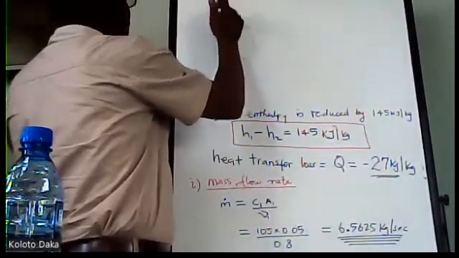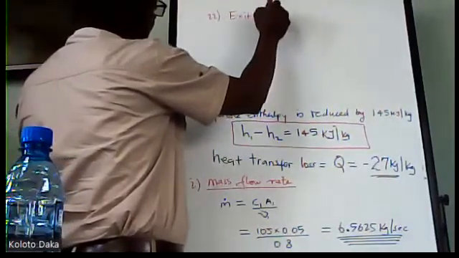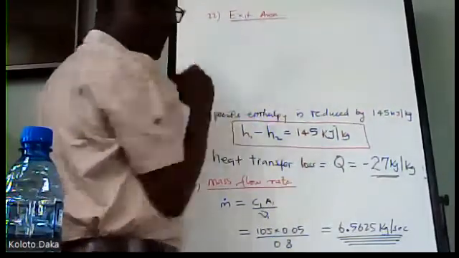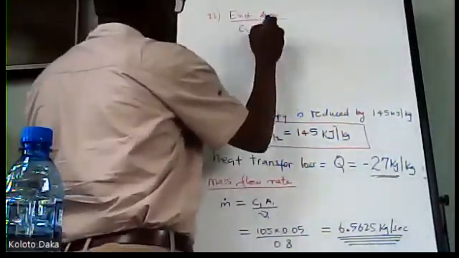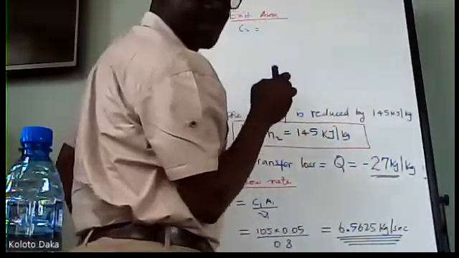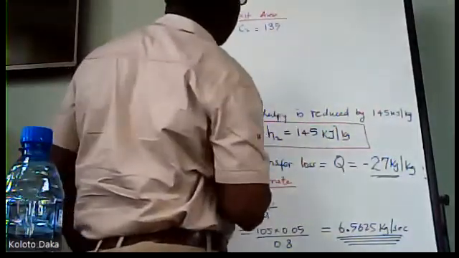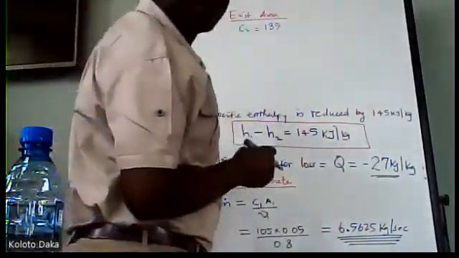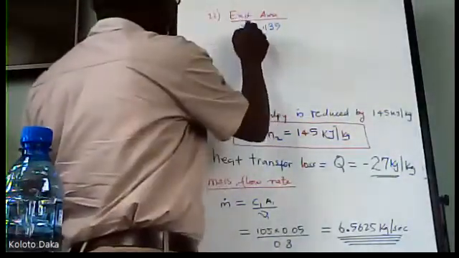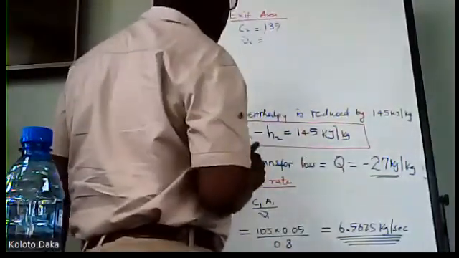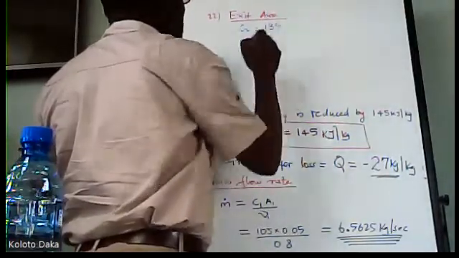Next part of the question. Determine the exit area of the turbine. Exit area. At exit, we know C2. What is C2 at exit? No, it is in the question. Was it not 135? Yes, 135, correct. And the specific volume? 1.5 or 1.3?